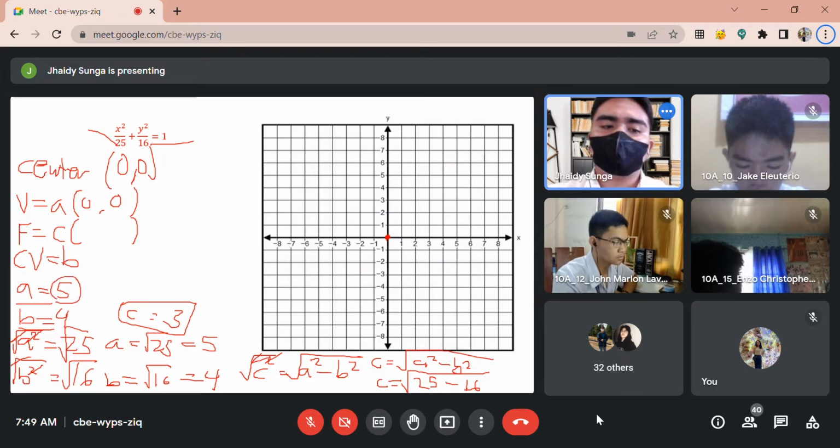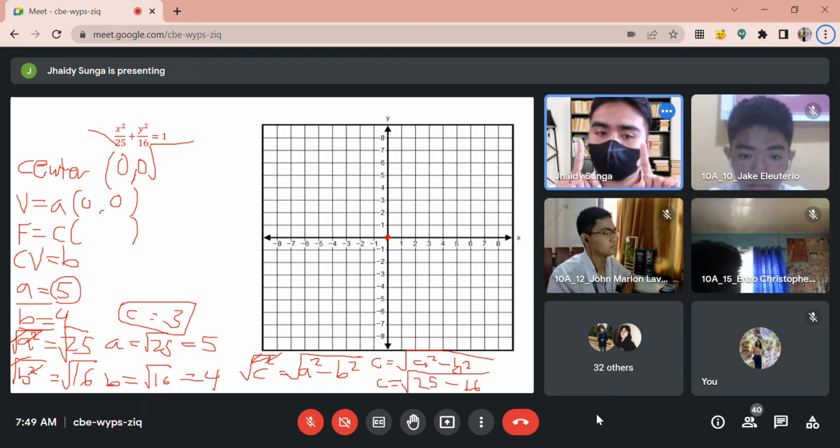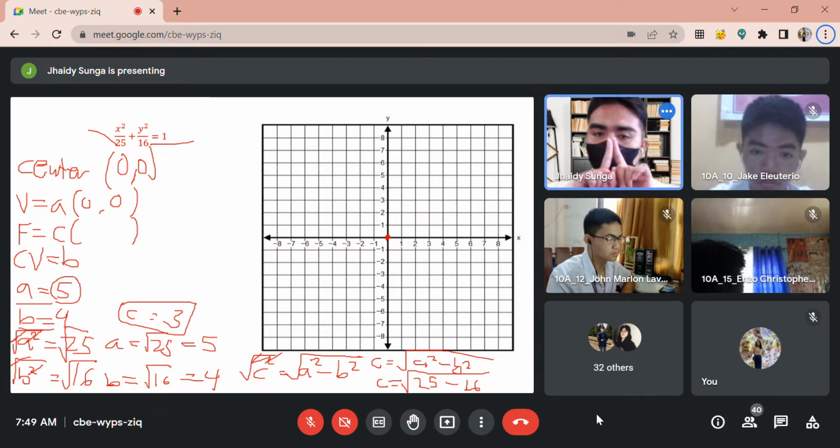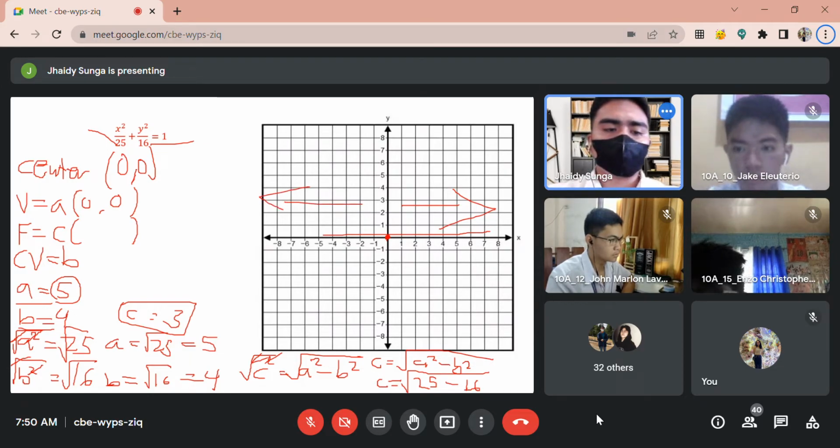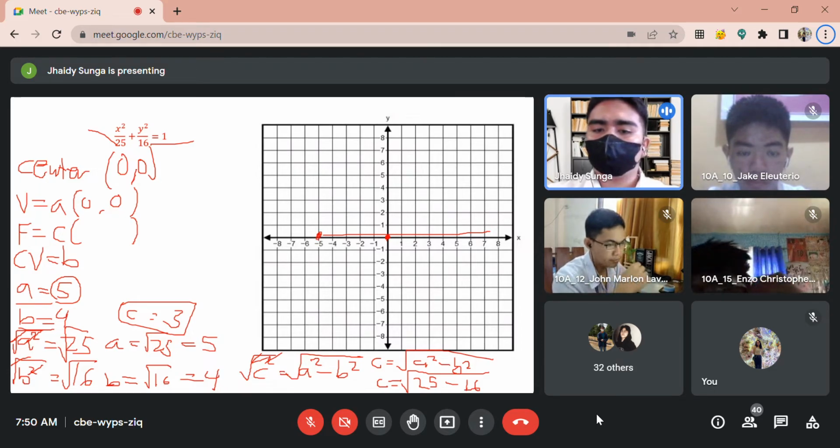It's 5. So in vertices, we know that there are 2 points. It means there are 2 values: whether you go to the right and add values, or you subtract values and go to the left. If this is your x-axis, going to the right is the positive side, and going to the left is the negative side. Now, you have 0, 0, and you know that the vertices are the endpoints of your major axis.